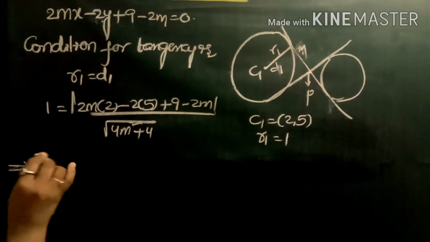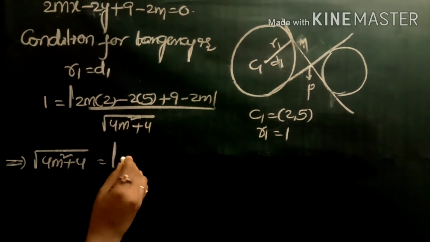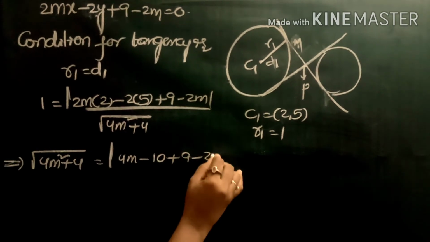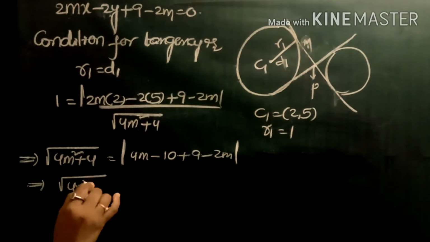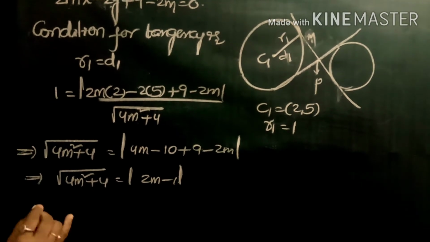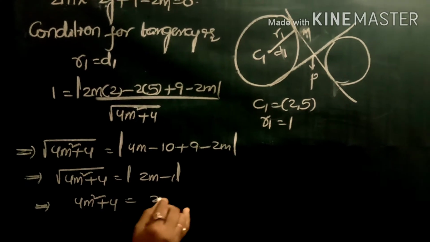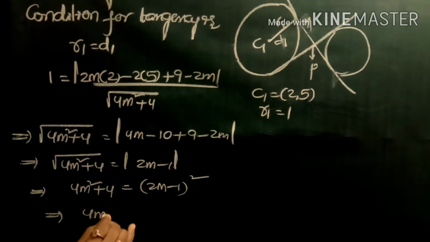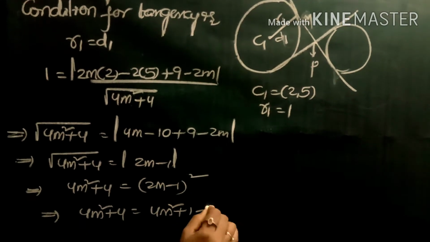Which implies, by taking the cross product, square root of 4m square plus 4 is equal to modulus of 4m minus 10 plus 9 minus 2m, which implies square root of 4m square plus 4 is equal to modulus of 2m minus 1. Now squaring on both sides, 4m square plus 4 is equal to 2m minus 1 whole square, which implies 4m square plus 4 is equal to, taking the expansion here, 4m square plus 1 minus 4m.